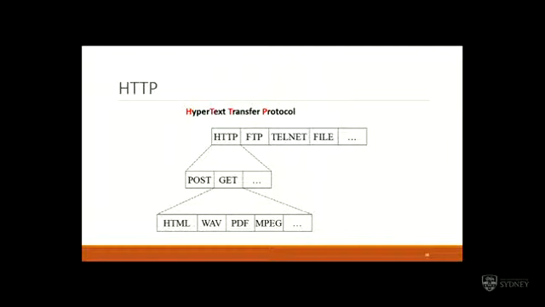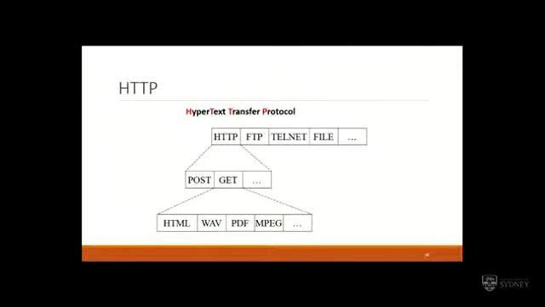A protocol you can think of as a method for communicating between two entities, in this case, between your browser and a server. We're all familiar at some level with the concept of protocols. They occur in all different forms of communication. But this protocol is one that is used for web servers.